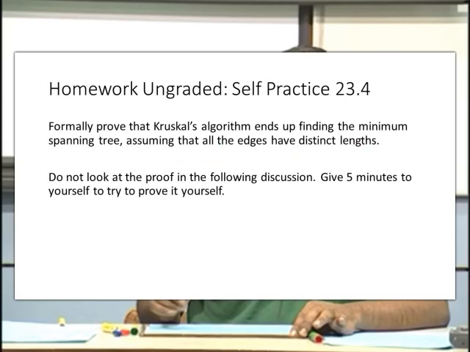So Professor Naveen does talk about the proof in the remaining discussion, but try not to look at the proof and try to give 5 minutes to yourself to try to prove it. And then you can go back to the flipped lecture and see where all you made mistakes in the proof. So this is a very good exercise. Do not look at the solution. First try to do it yourself and then you can check where you made mistakes.